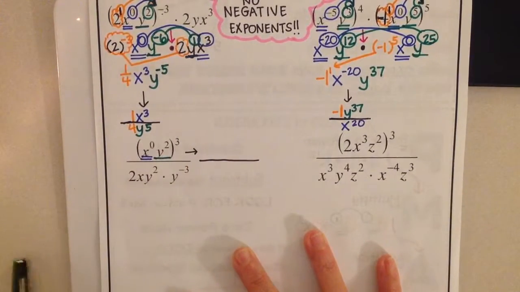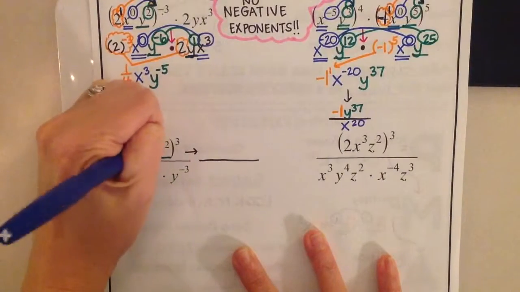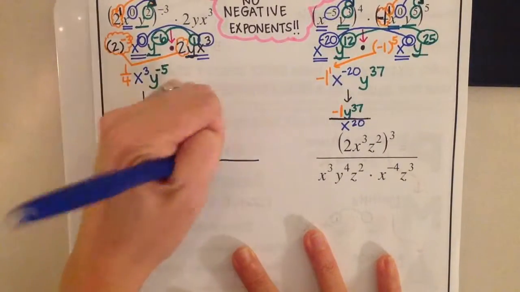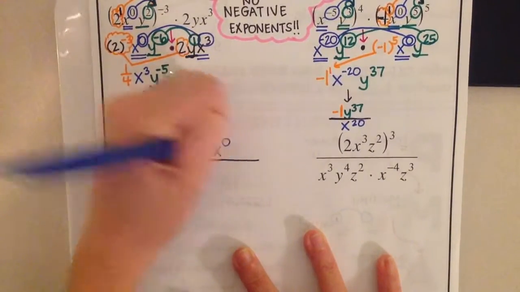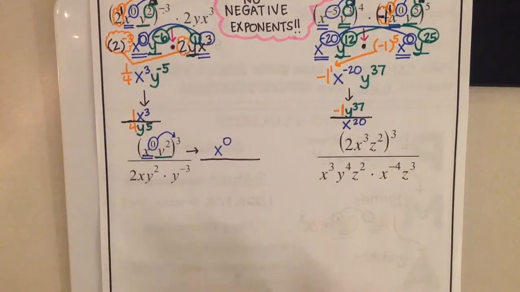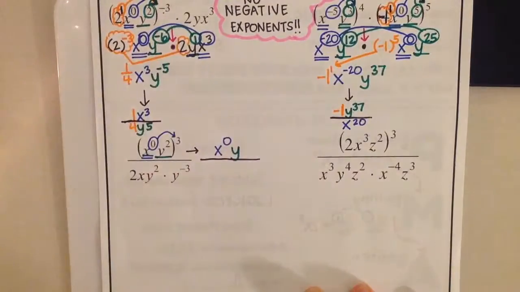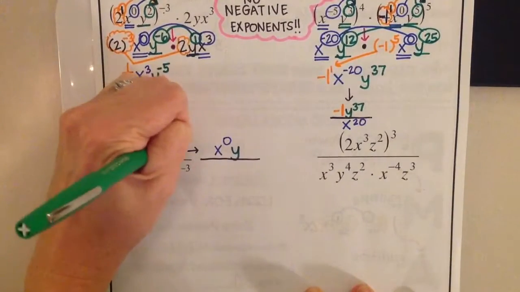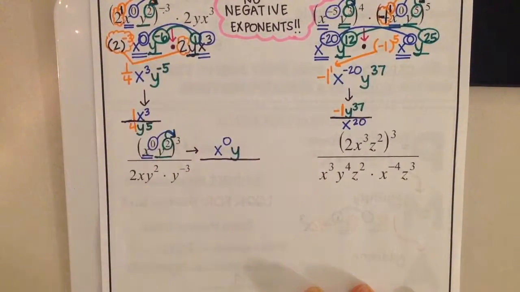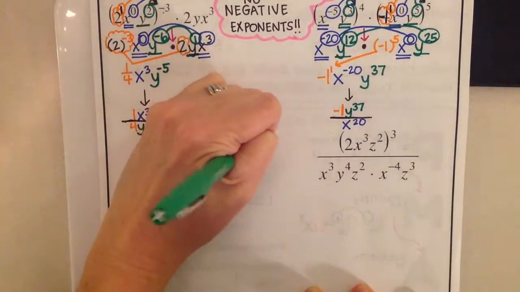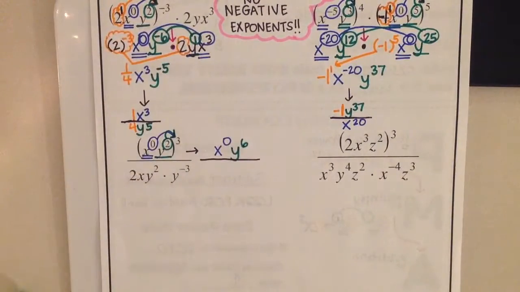And now I'm ready to multiply. So I'm going to get x to the 0 power because 0 times 3 is 0. And now we're going to have y to the 2nd power times 3. So 2 times 3 is 6. So the numerator is now going to be x to the 0 power times y to the 6th power. Okay, now let's take care of the denominator.